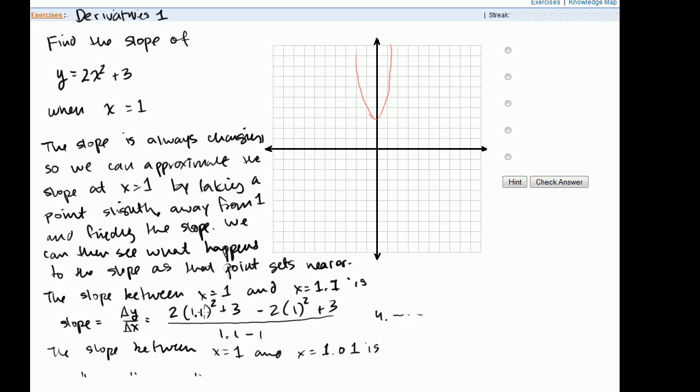This time it's going to be 1.01, and it's going to be something even closer, 4.0 something. So we're going to see it get closer and closer to 4. So you do this maybe 3 times. And then the last hint would be, so the slope at 1 is approaching 4.